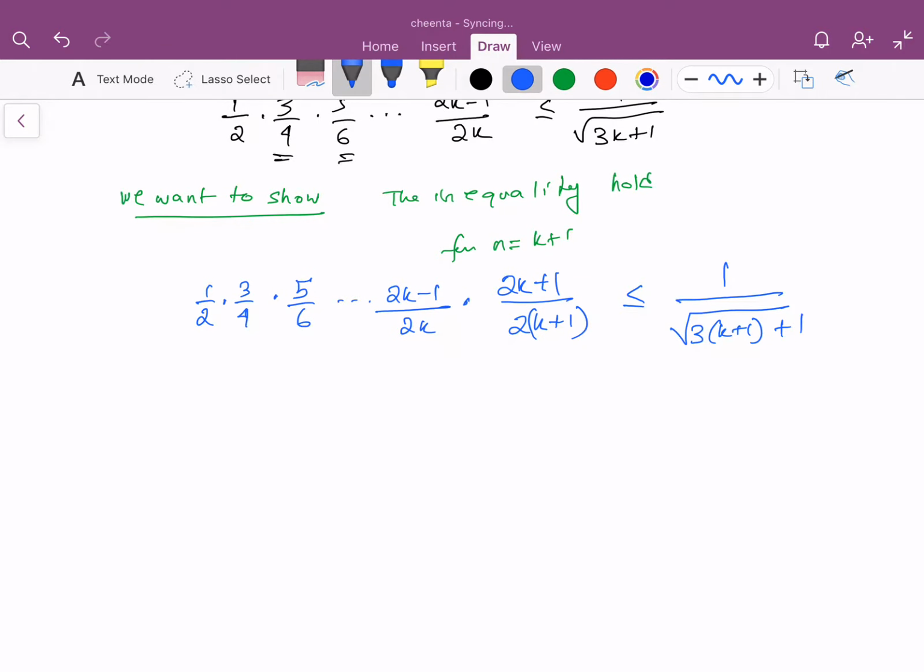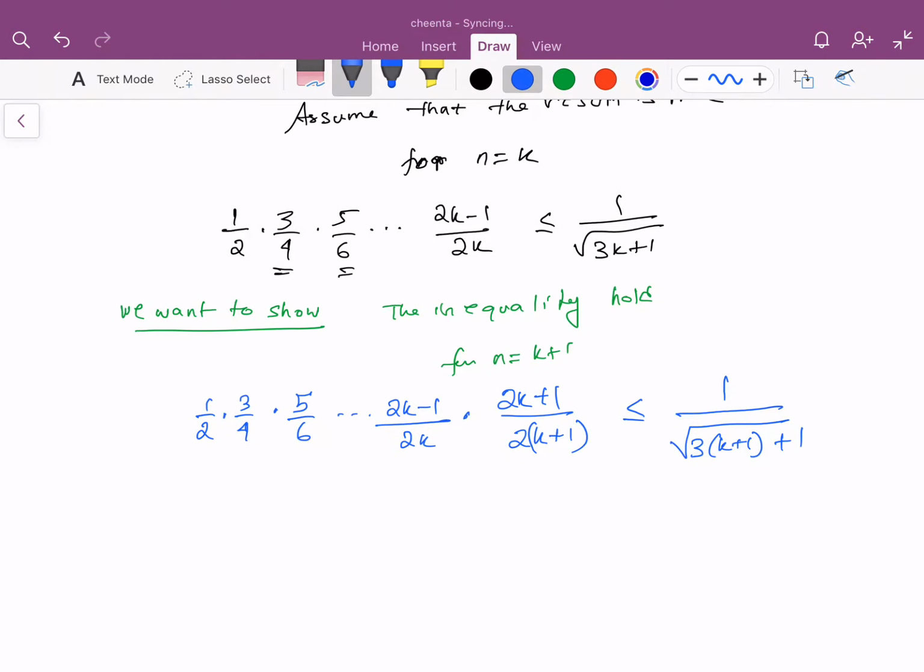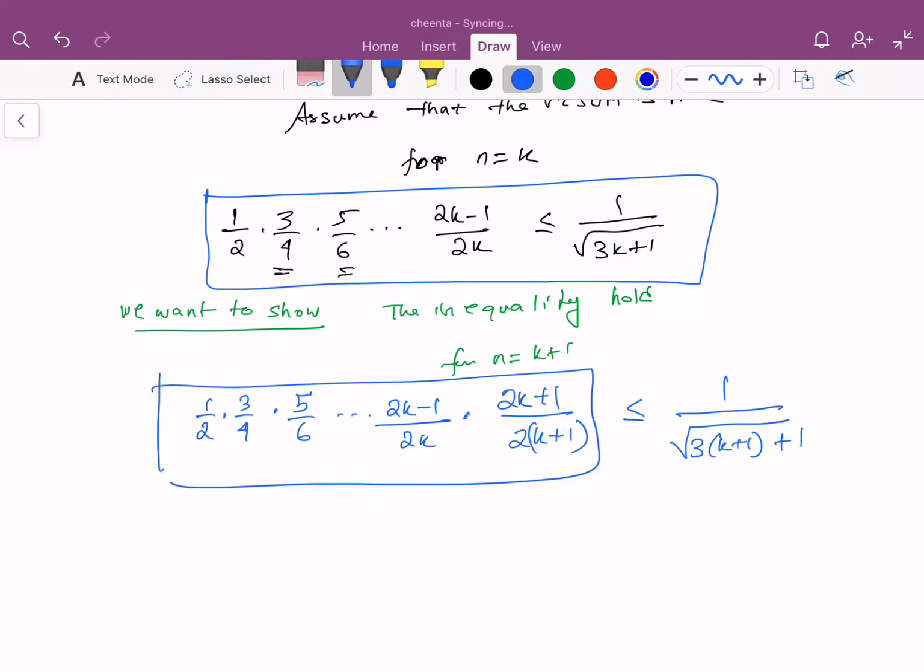Well, the method is pretty standard. We use what we know. We know this, so we replace by that. So clearly the left-hand side is less than or equal to 1 over square root of 3k plus 1 times 2k plus 1 by 2k plus 2.